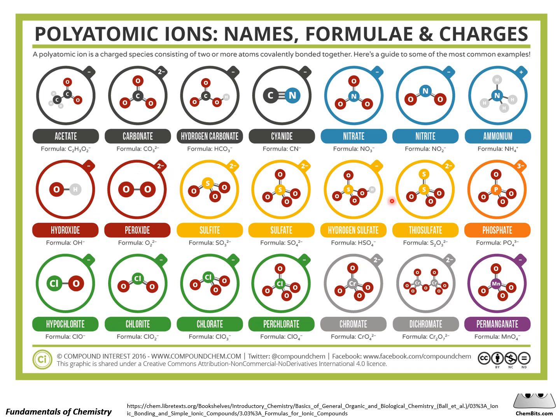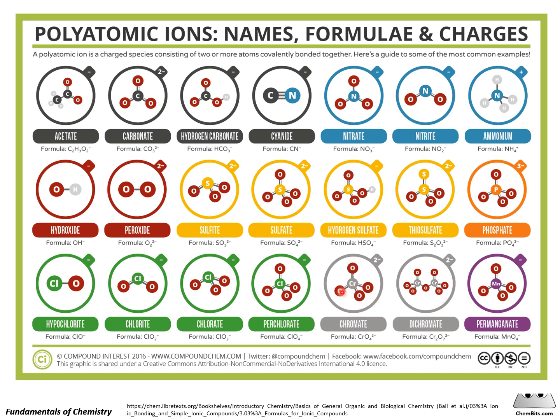We've got some sulfur-containing ones that we'll get to in a bit. We've got phosphate, the chlorate family, and then a couple down here. We notice that with all of them up here, these are all non-metals. So carbon, nitrogen, sulfur, chlorine, all non-metals. There are a few polyatomic ions that have transition metals in them. So chromate and dichromate.